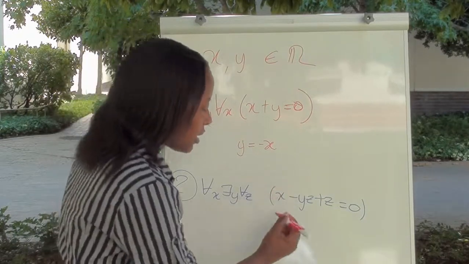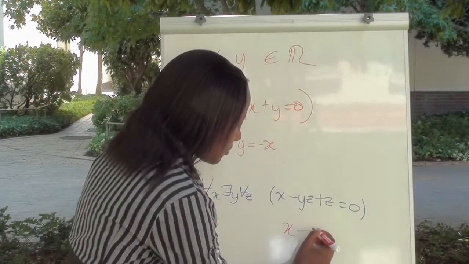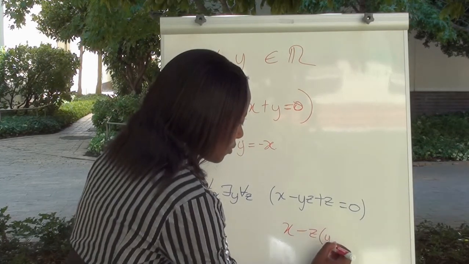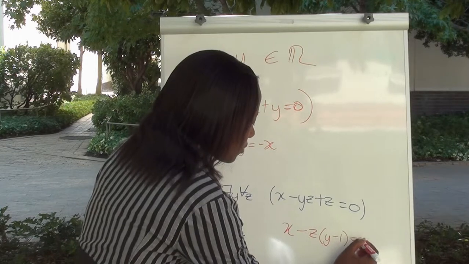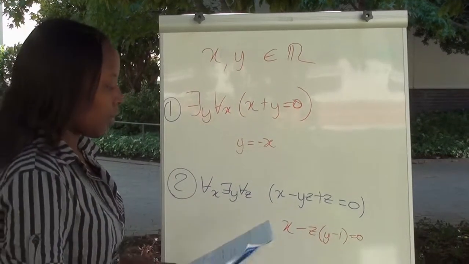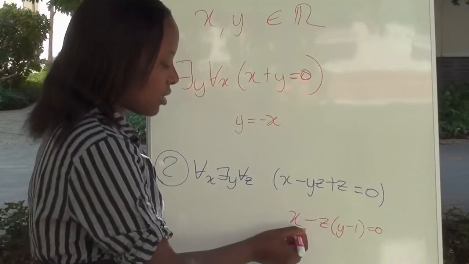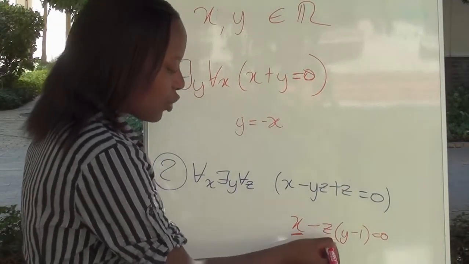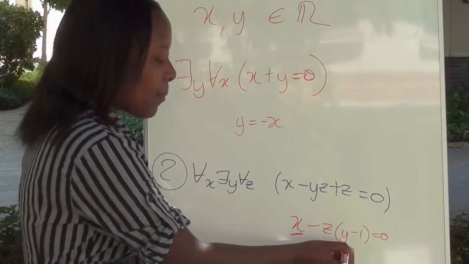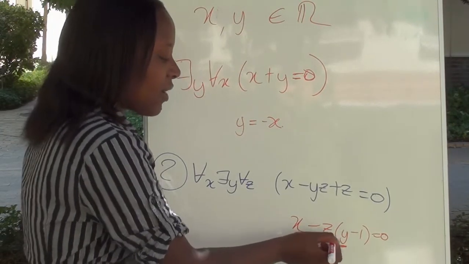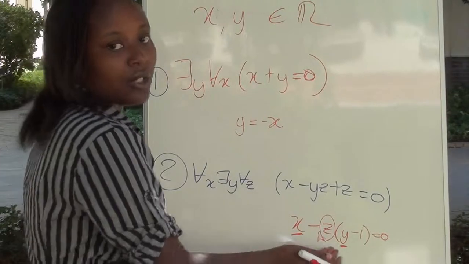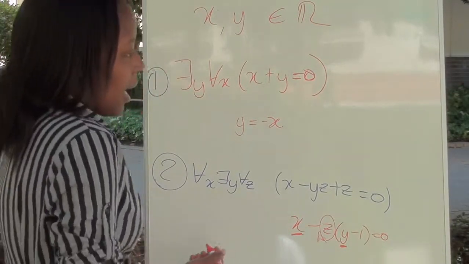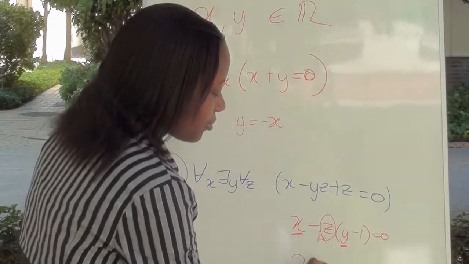Well, this here is this. Right? Which means if I choose any x, there should be a particular y that for whatever z value that I have, this will hold. Right? Now, I choose x to be 2.